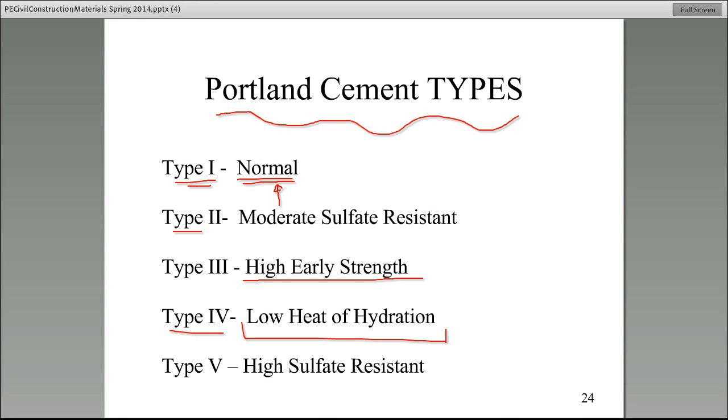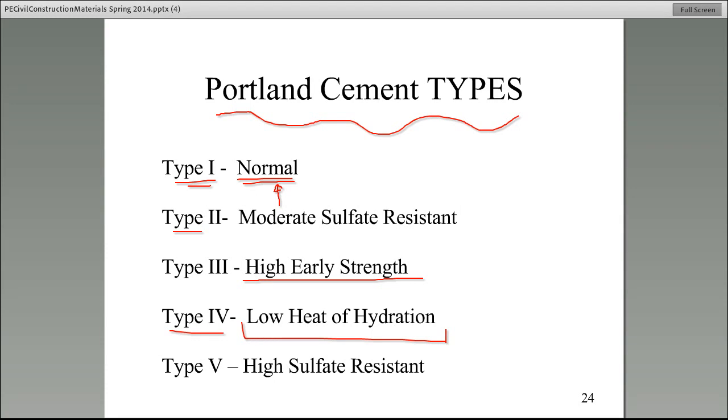So if you have to haul this concrete in its plastic form for some distance, that is when you use type 4, because the low heat of hydration will prevent the concrete from hardening during this transportation process. So for example, if the construction site is some distance away from the plant, sometimes, of course, if it's a very, very large job, you set up the plant right there where the construction site is.